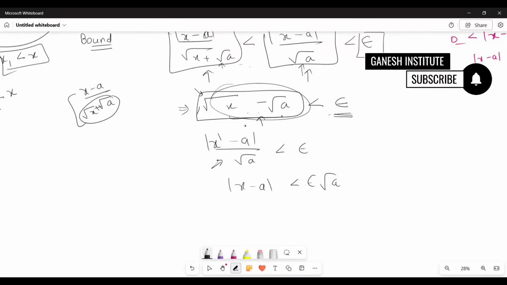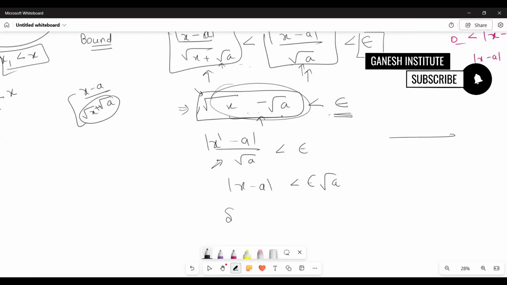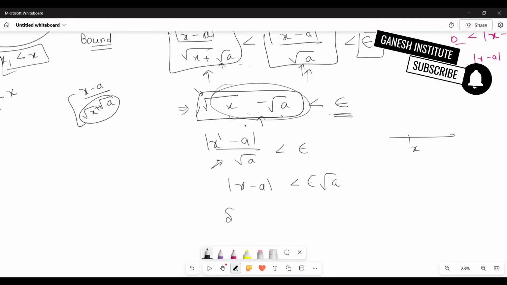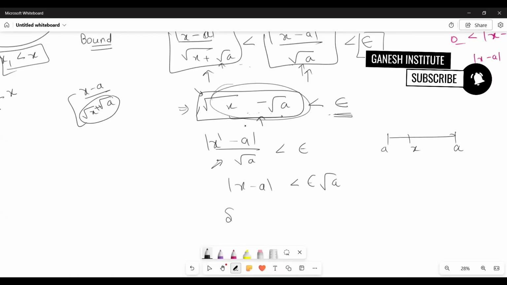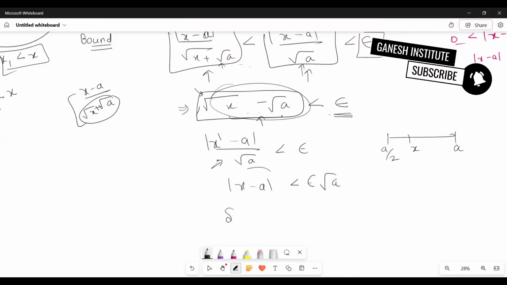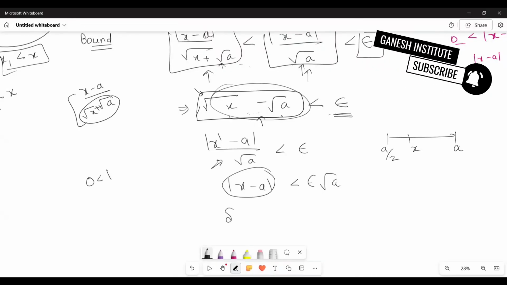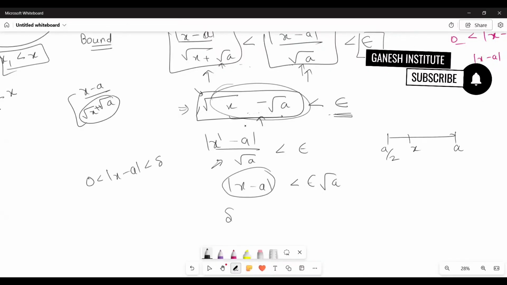Now you need to choose something like delta, provided a limit. So initially you got x here, a here, a by 2 here. This is what you have assumed. Now you assume delta, which is bigger than this value. You have to verify whether it is bigger than this value or not.